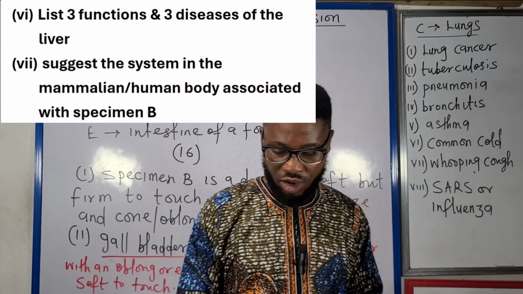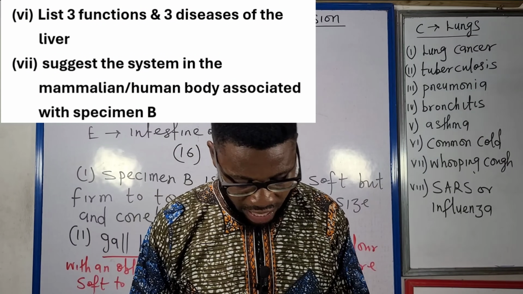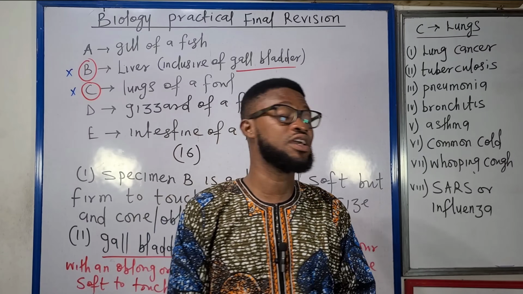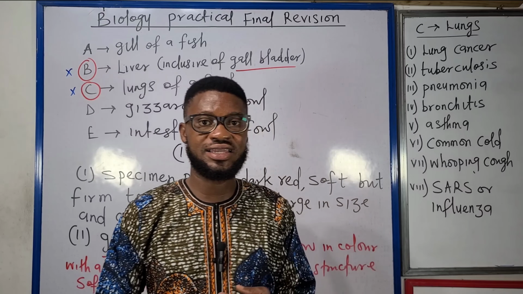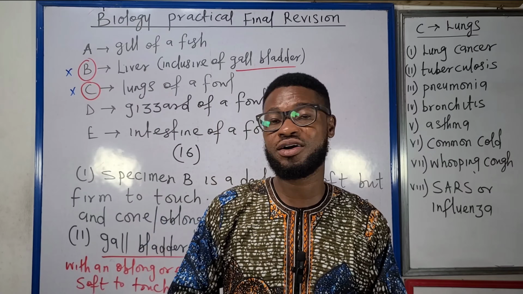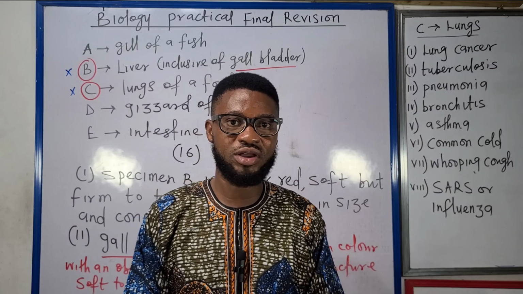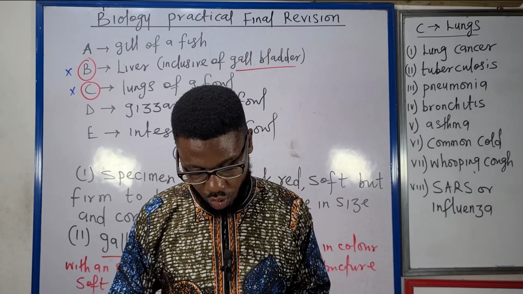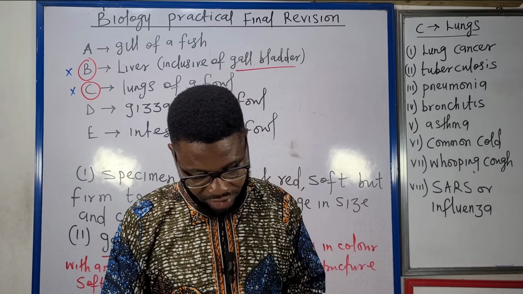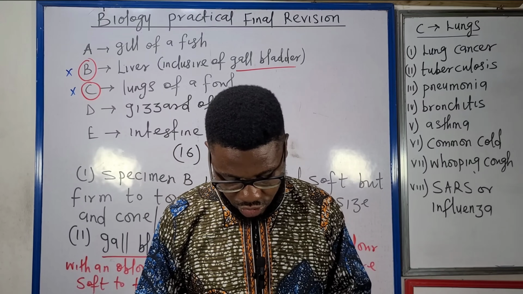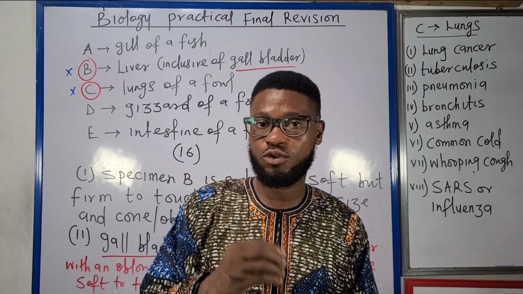So as you can see on your screen, talking about the functions of the liver, one of the very first things is something we call the liver insulin mechanism that regulates blood glucose or blood sugar. It regulates the level of glucose in the blood.